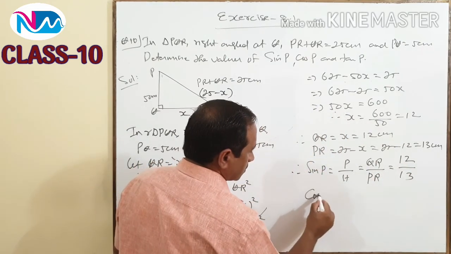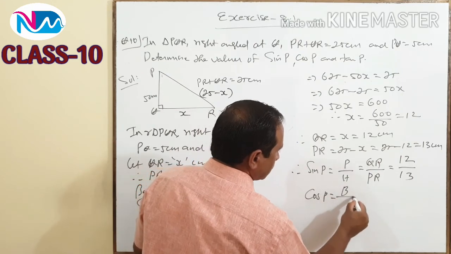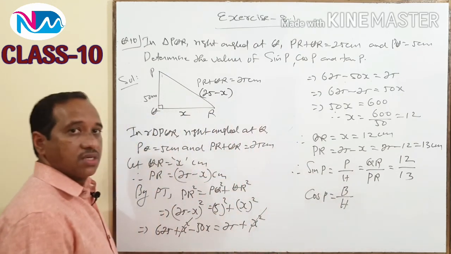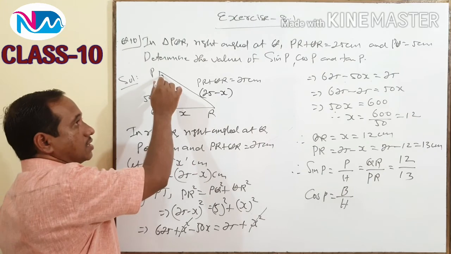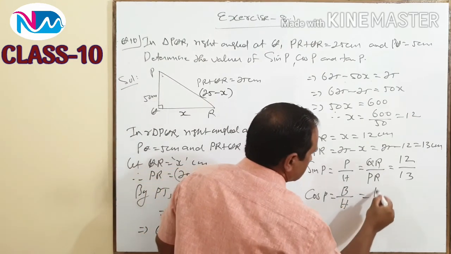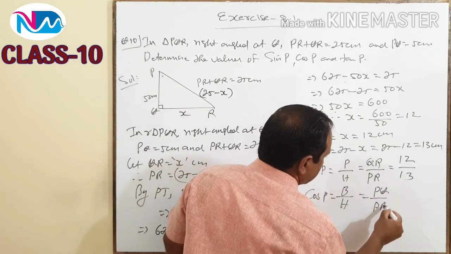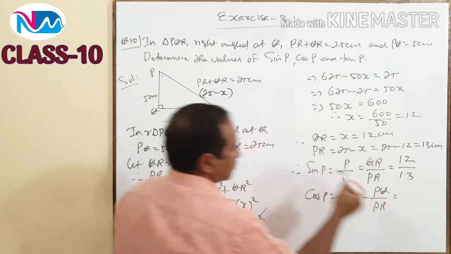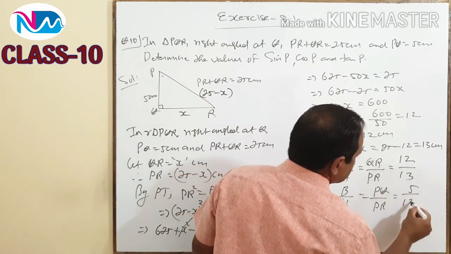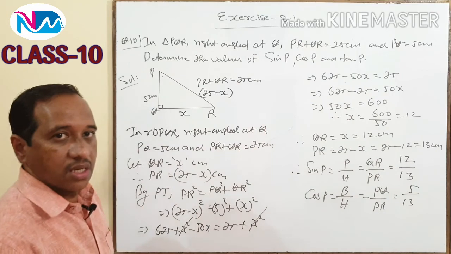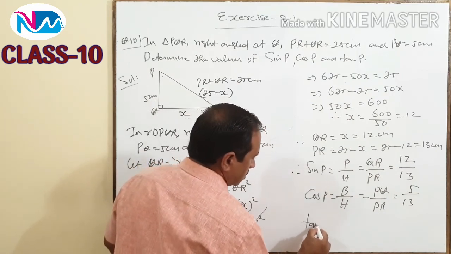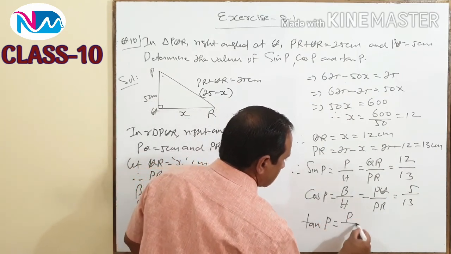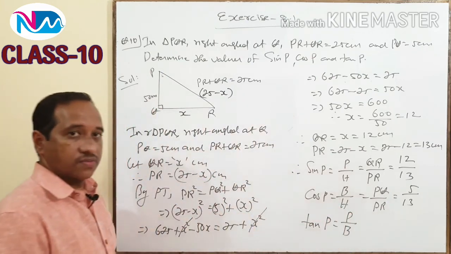Now cos P. Cos P is defined as base by hypotenuse. With respect to the position of acute angle P, base is PQ by hypotenuse PR. PQ is 5 centimeter by PR is 13. So 5 by 13. And finally, tan P is defined as perpendicular by base.